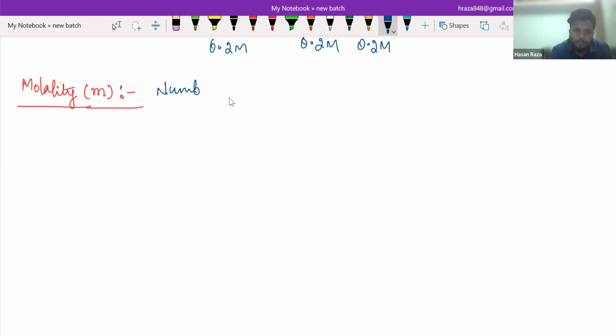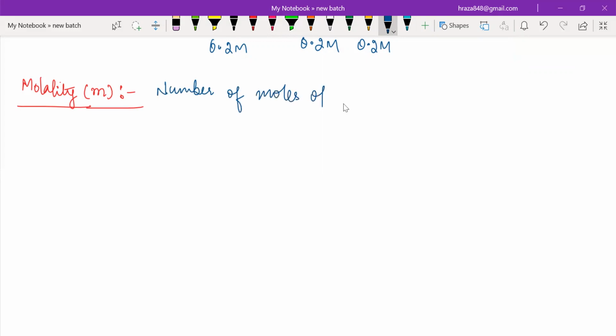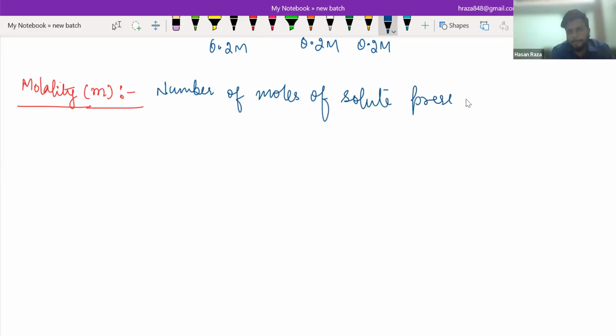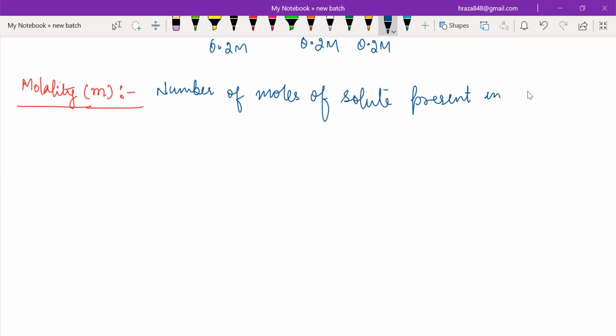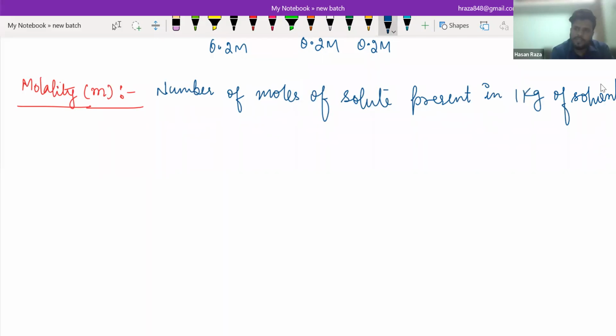Number of moles of solute present in 1 kg of solvent. Solvent, not solution. This is the concentration term in which in the denominator we use solvent. In all the other concentration terms we use solution in the denominator.